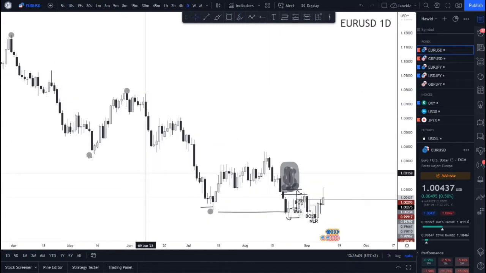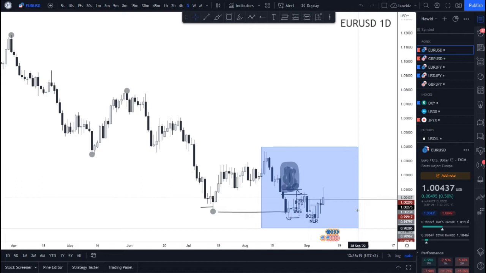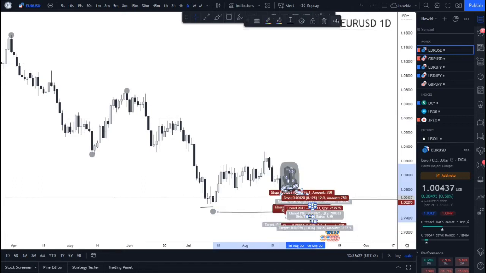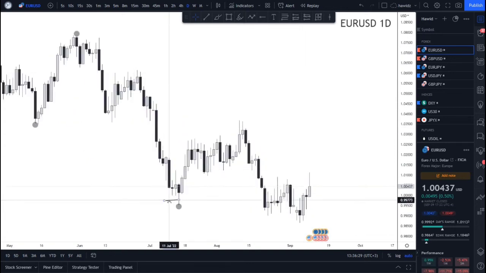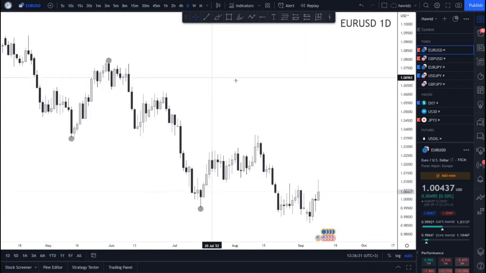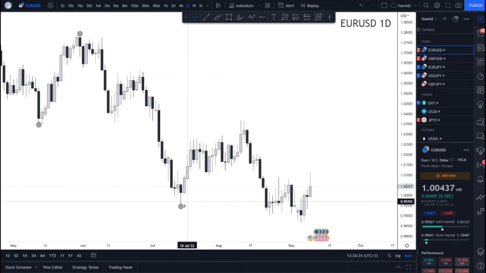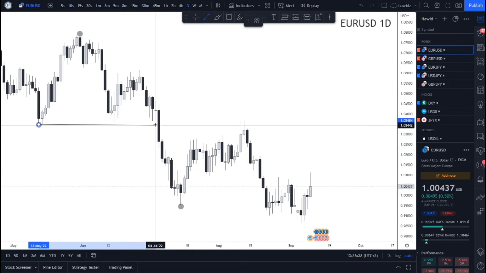So from the formation of this low right here, from this high, my chart is dirty, as I said, I'm a day trader, so I take a lot of opportunities in there, but it is what it is. So let's just hide them and keep our charts clear. So the formation of this low from this high led to this breaker structure here, right? So we had a breaker structure here.